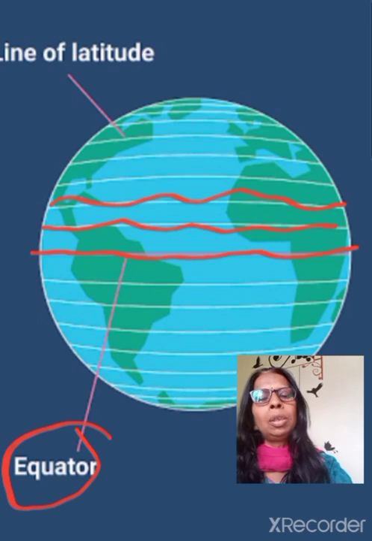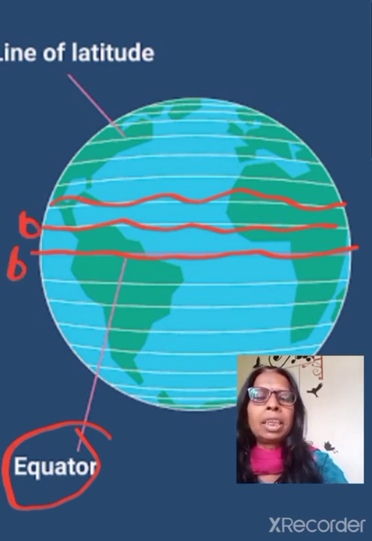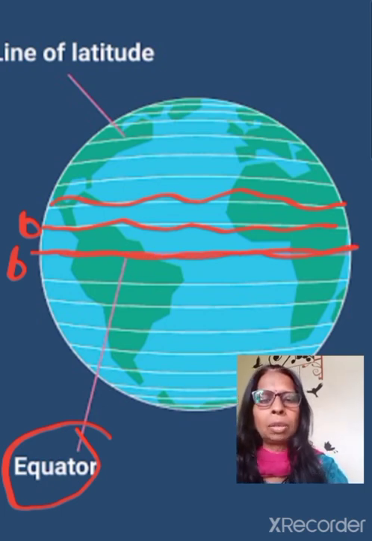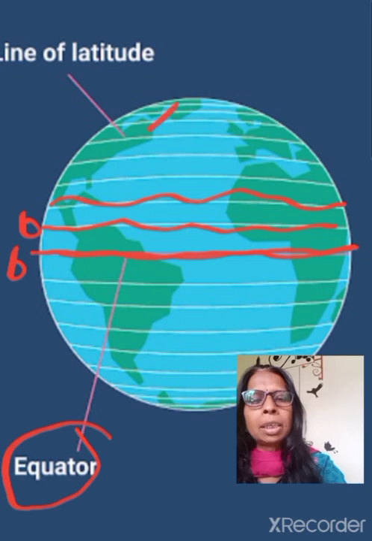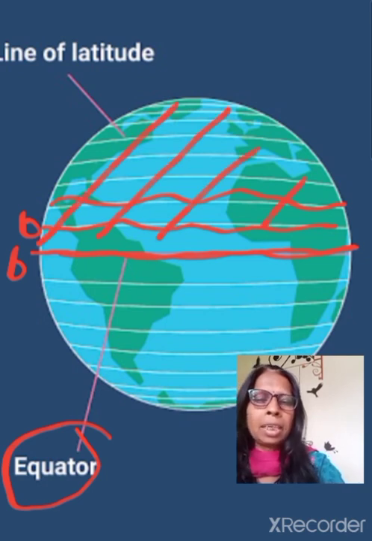So this equator, which is at 0 degree, divides the earth into two halves, that is north and south.